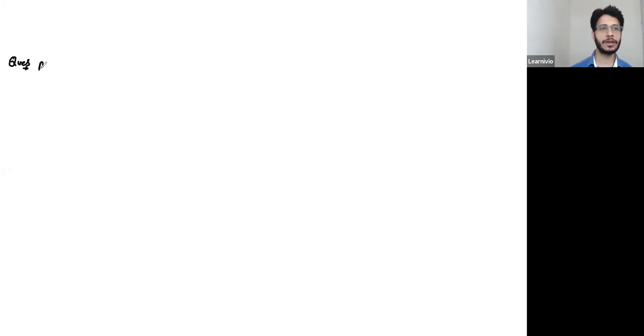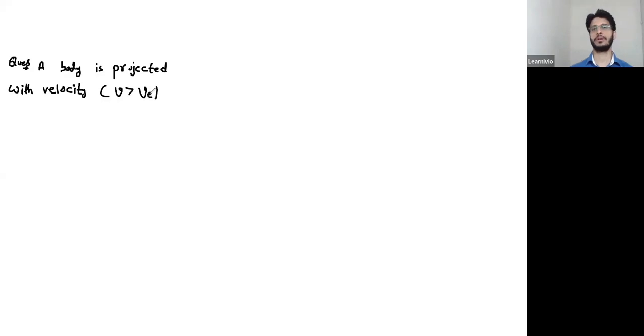So the question says a body is projected with velocity v greater than escape velocity. So I projected this body with a velocity v which is greater than escape velocity.